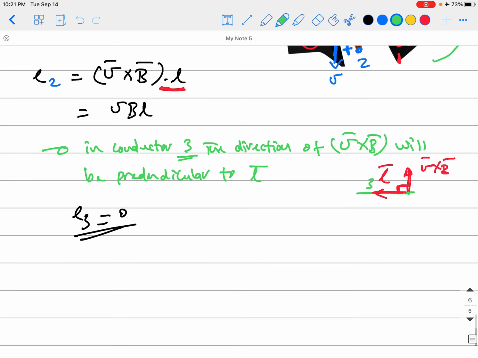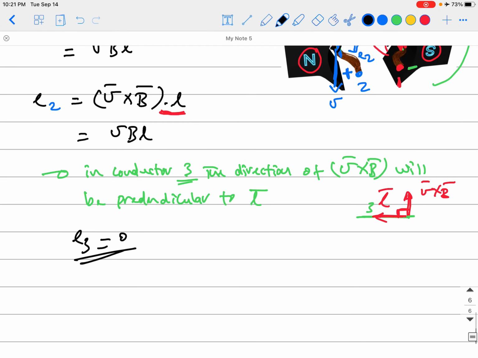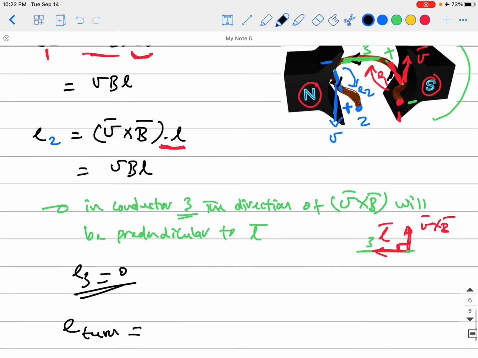Okay, so if you want to find the total E of the turn, because it's just one turn, it will be E1 plus E2, that will be 2VBL.